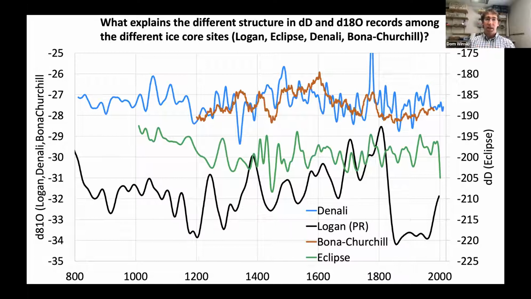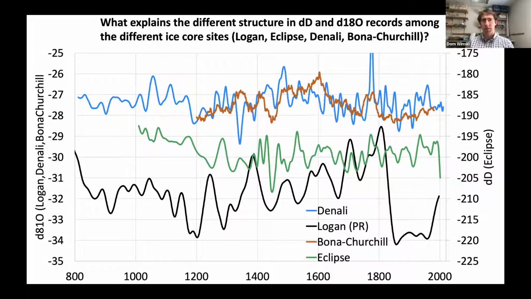Another hypothesis is that each of these sites are at slightly different altitudes, and that because of their difference in elevation, they represent a different air mass source catchment. So these records might be representing different spatial regions across the Pacific. So those are the two hypotheses. One, differences in the spatial catchment, and two, differences in seasonality.